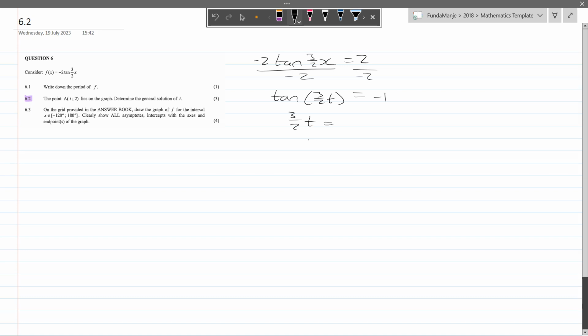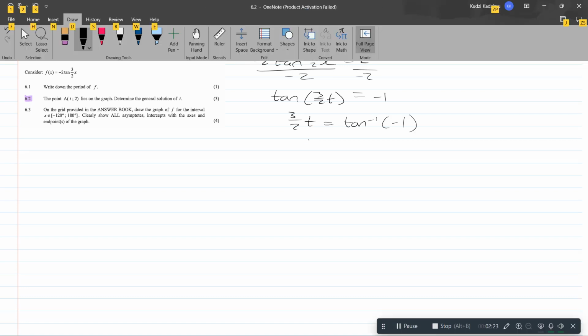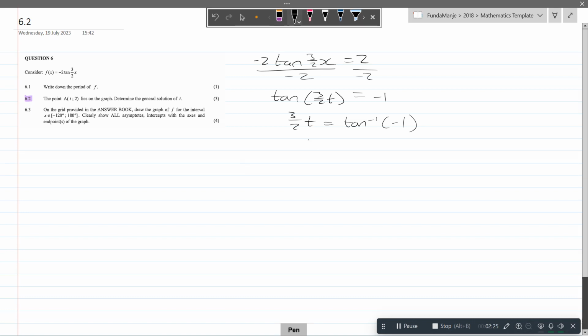And it's important to remember that here you want to take the arctan of 1. So on your calculator you put arctan of 1, but you should still include the negative in your mind.